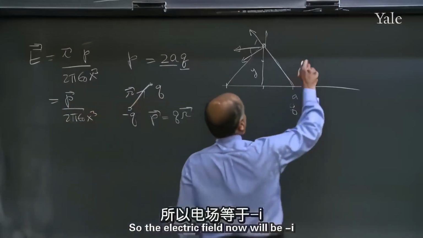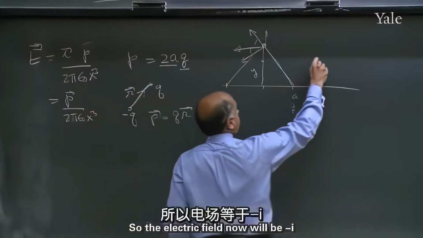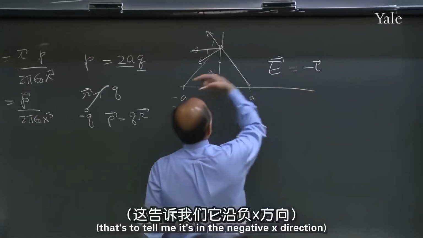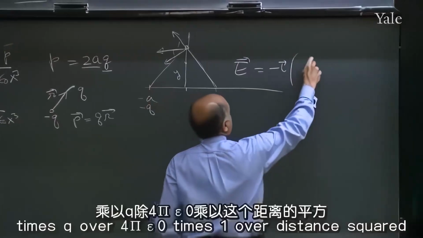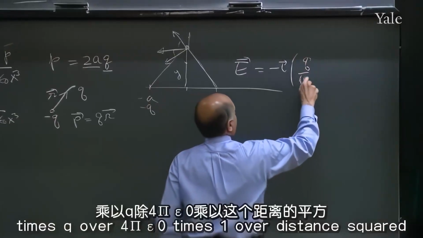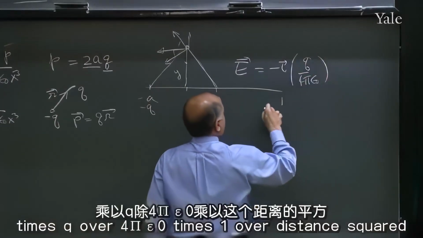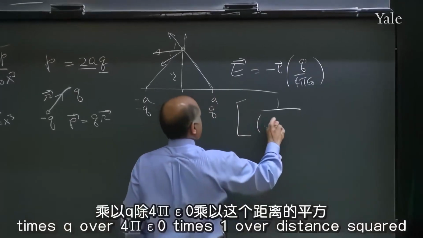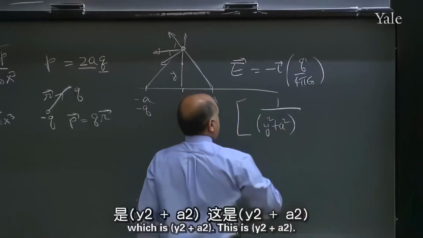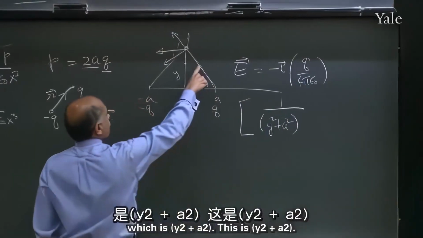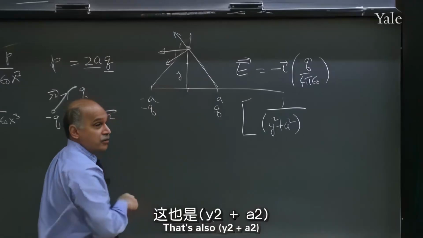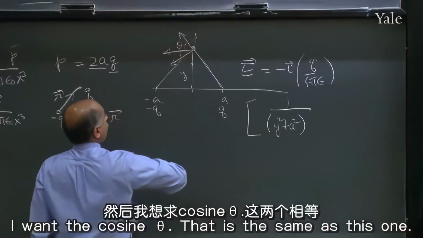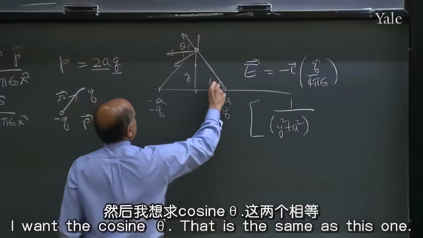So the electric field now will be minus i, which tells me it's in the negative x direction, times q over 4 pi epsilon 0 times 1 over distance squared, which is y squared plus a squared. This is y squared plus a squared, and that's also y squared plus a squared. But I want the horizontal part of this, so I want the cosine theta, which is the same as this one.